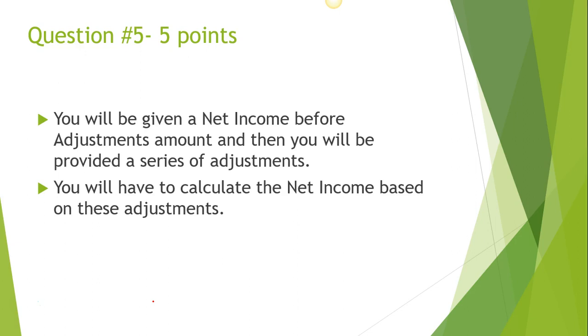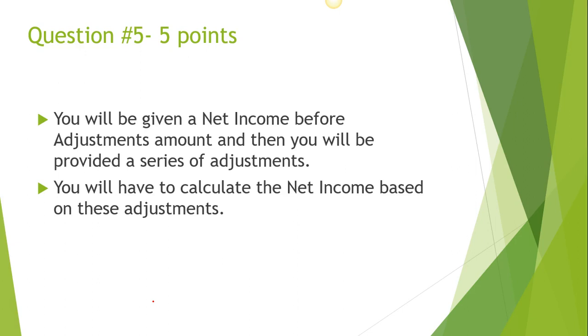Every adjusting entry has a balance sheet account and an income statement account. So what I'm really asking you is not so much to give me the entries, but to keep track of the income statement account adjustments. If there's a balance sheet and an income statement one, just keep track of the income statement one, because the only thing I'm asking you here is to calculate the net income after these adjustments were made.